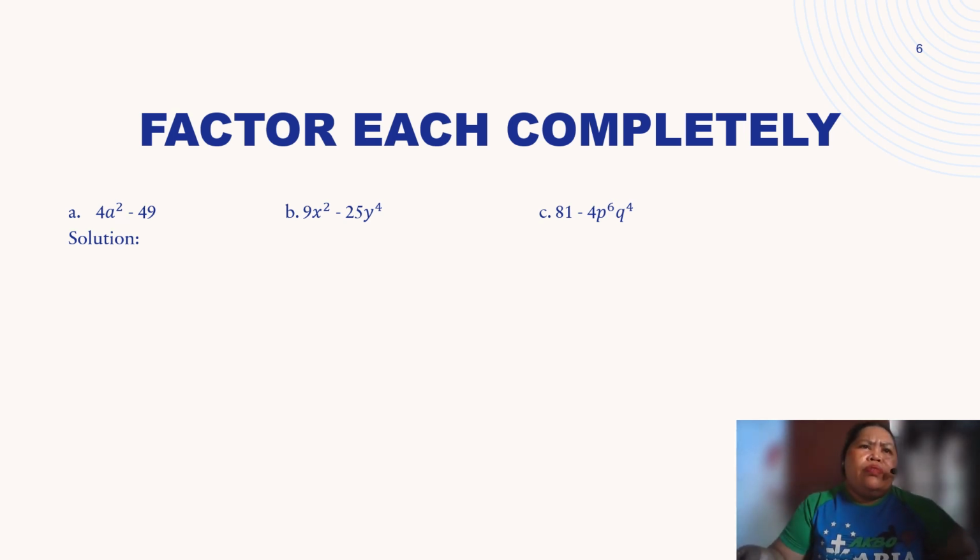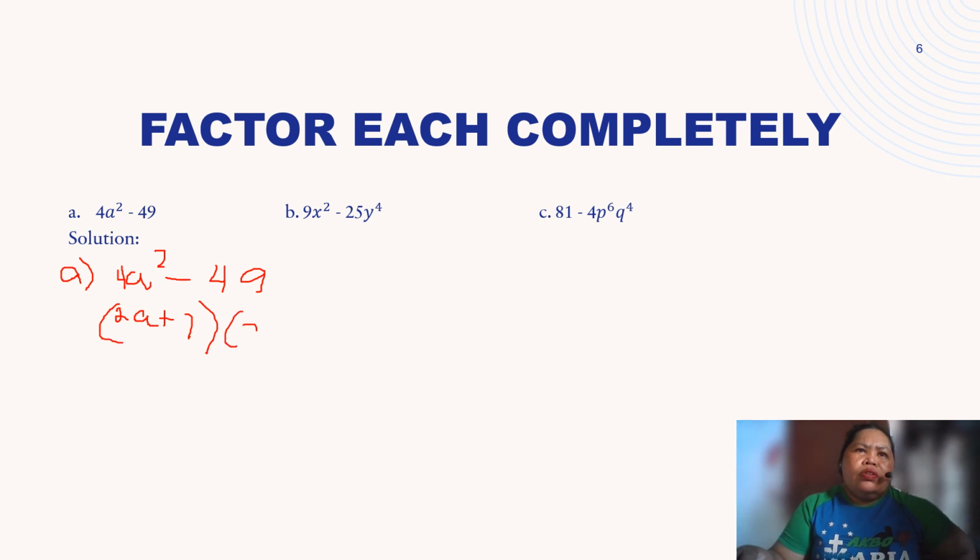Okay, so for letter A, we have 4a squared minus 49. For 4a squared, we have 2a plus 7, because 7 is the factor of 49, and then 2a minus 7.